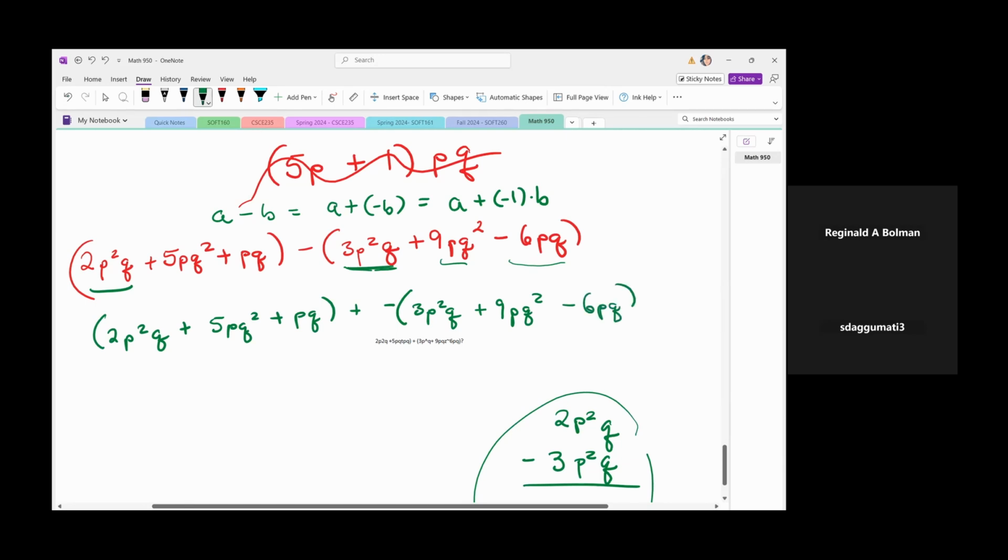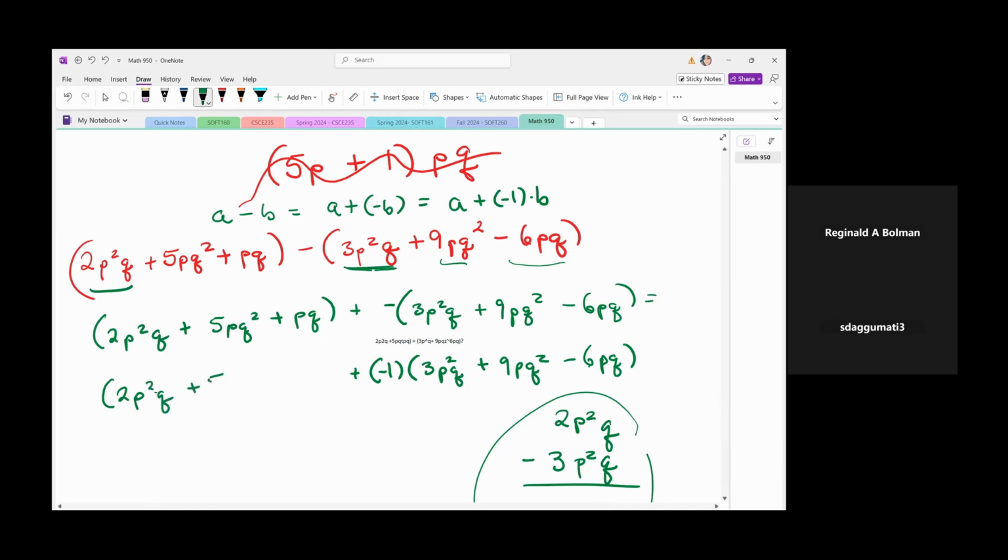And because we're adding this negative polynomial expression, that would be the same thing as having a -1 multiplied in front of the entire polynomial expression itself. So you've got a -1 that's multiplied in front of this entire second expression. And for my first expression, that more or less just stays the same. I'm not going to do anything with that.